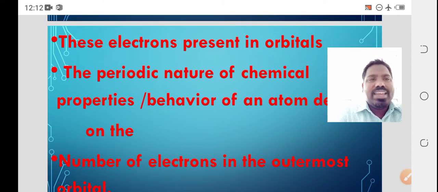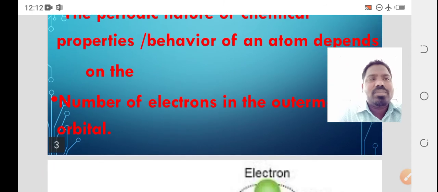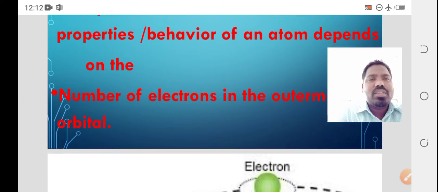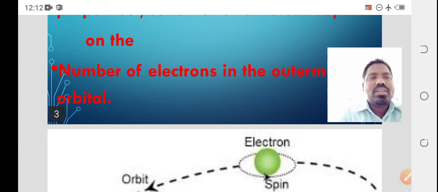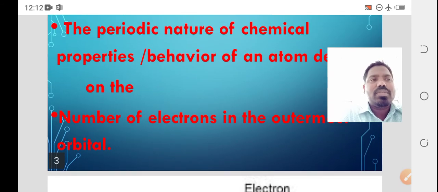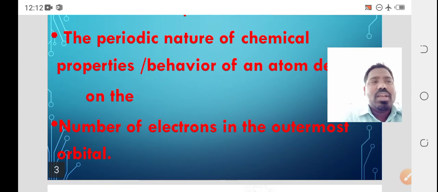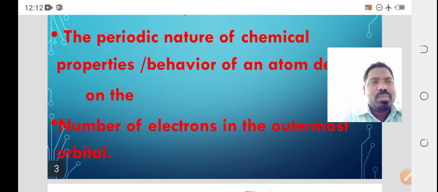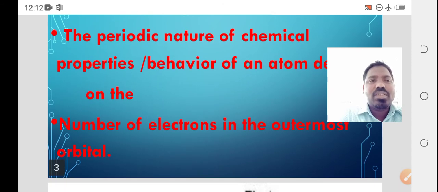The periodic nature of chemical properties or behavior of an atom depends on the number of electrons in the outermost orbital. So here the atom's chemical property or behavior depends on the number of electrons in the outermost orbital.